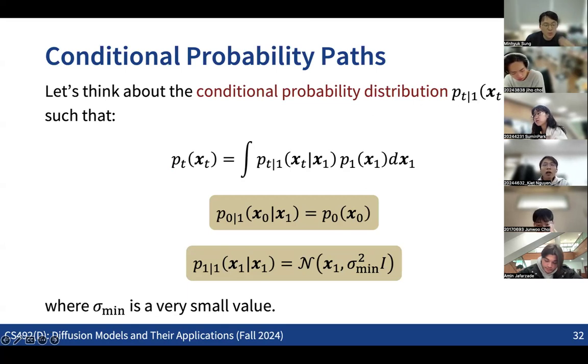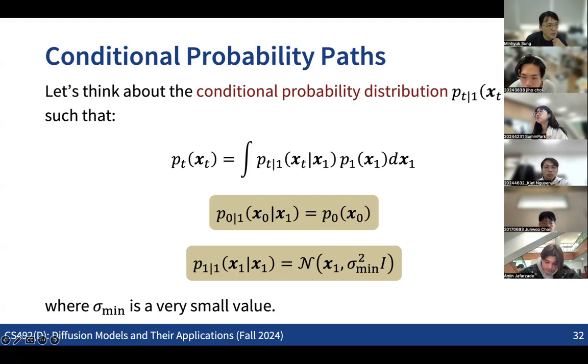Since we changed the notation, here x1 is the data point, with samples from the data distribution, and xt is an intermediate data point, right? So this is a probability distribution of xt given some data point x1.